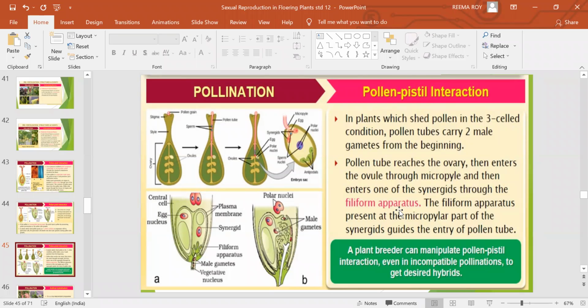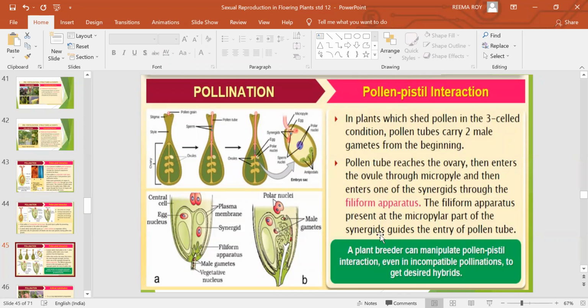Filiform apparatus is like a finger-like apparatus, जो synergids में है. The filiform apparatus present at the micropylar part of the synergids guides the entry of the pollen tube. How it guides? It guides by releasing some chemical components that is called as chemotaxis.